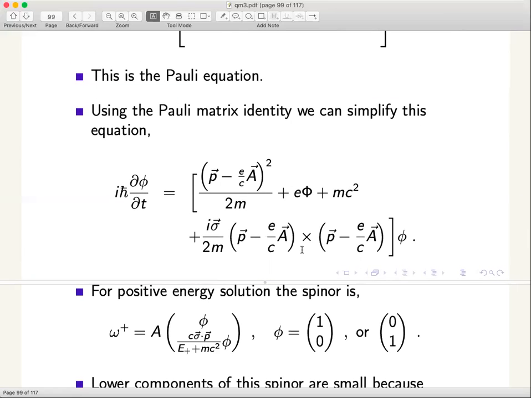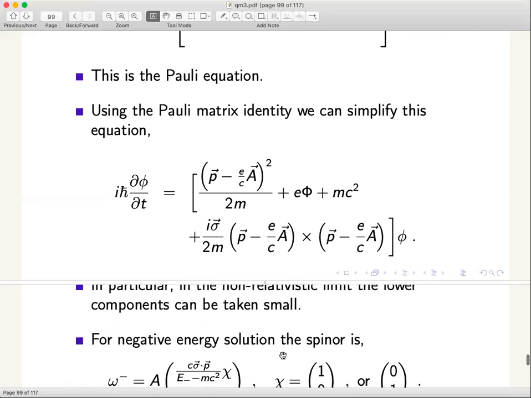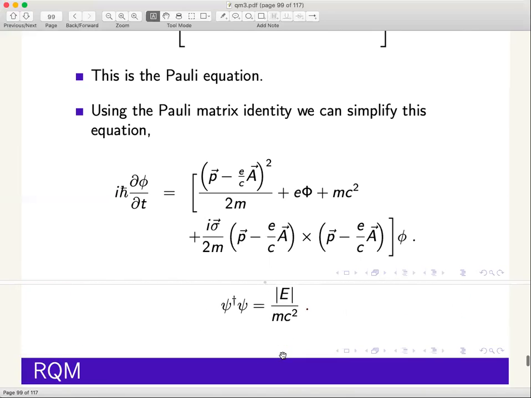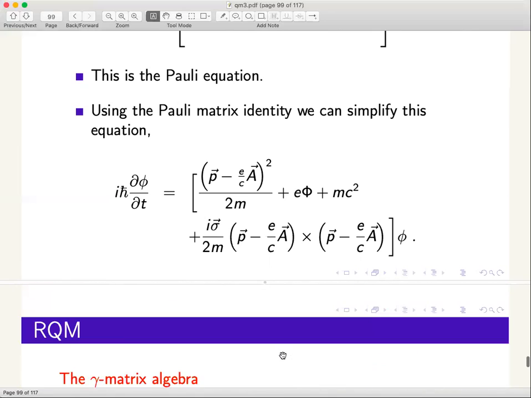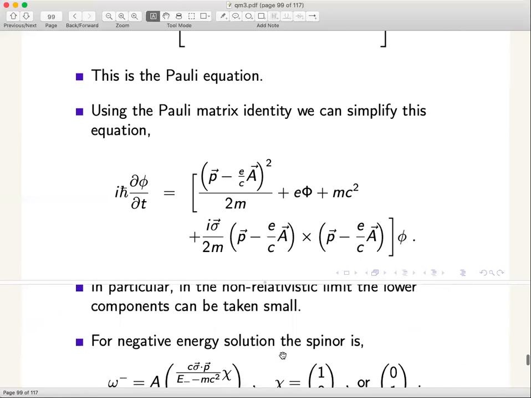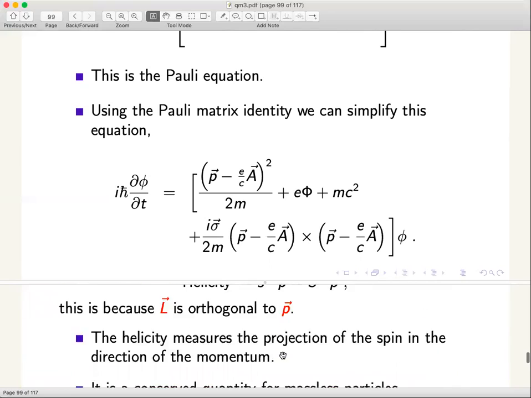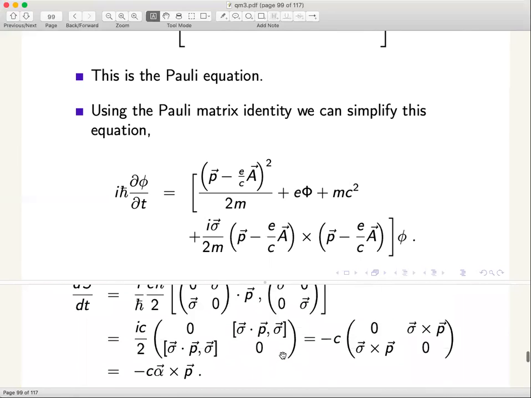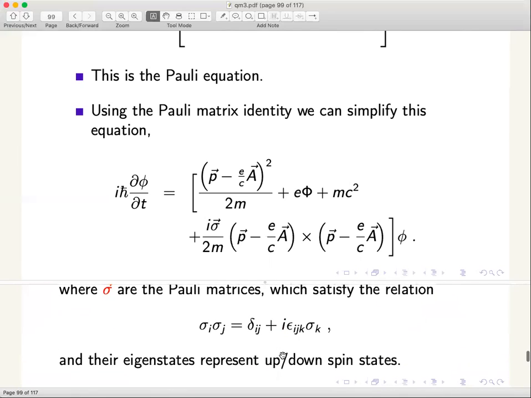Is this clear? Is this manipulation clear? Here's a property of Pauli matrices that I used.